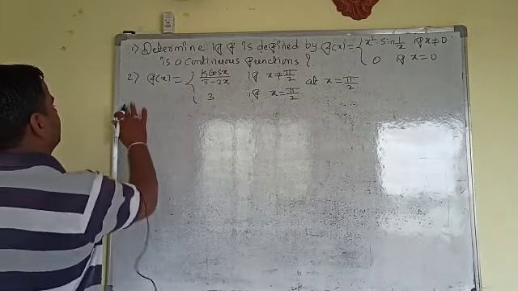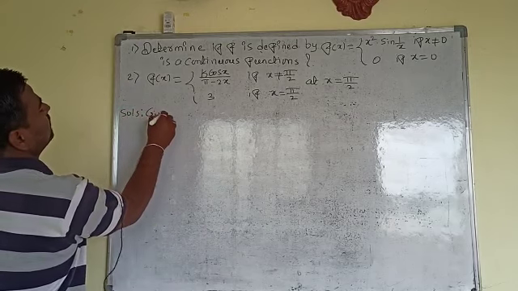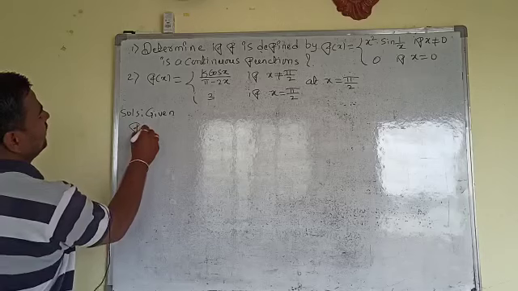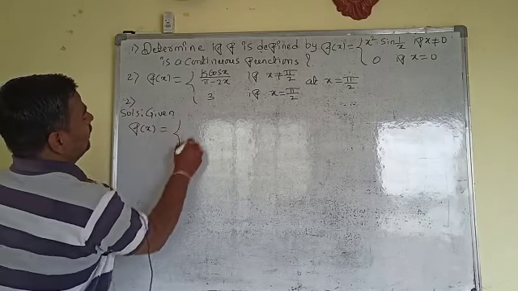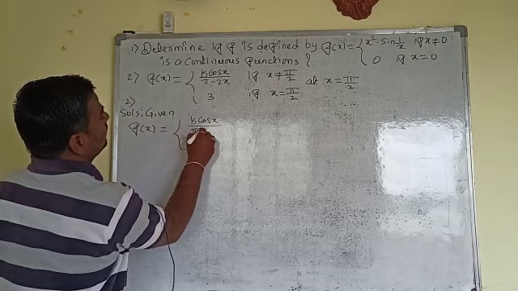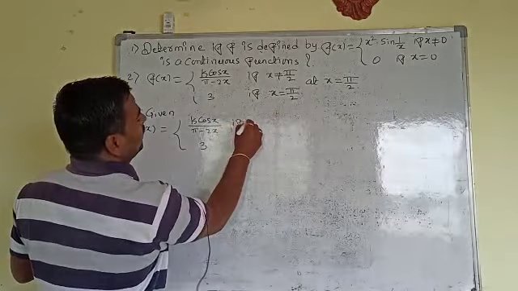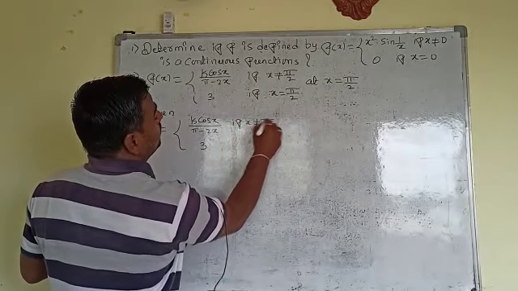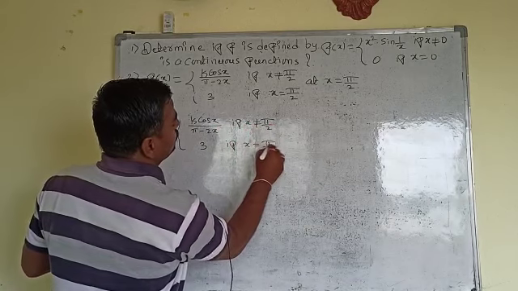Right. Second one, we are going to find the solution. Given is a very simple equation f of x. Second one, right? So here k cos x by pi minus 2x, and 3 if x is not equal to pi by 2. So here x is pi by 2.